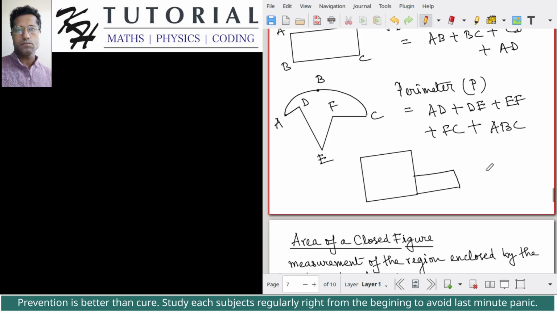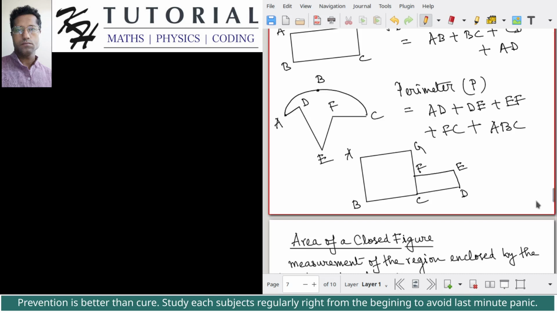Of course this is a rectilinear figure. Let's say this figure is formed by the line segments AB, BC, CD, DE, EF, FG, AG, and FC.